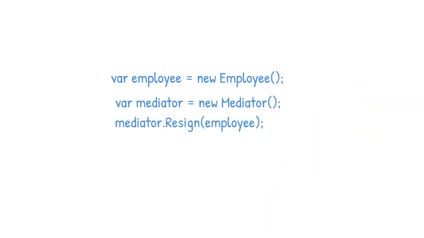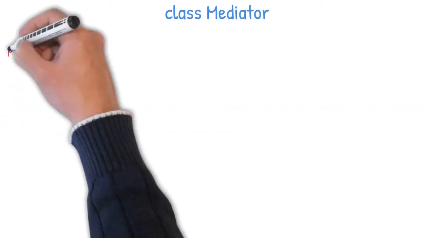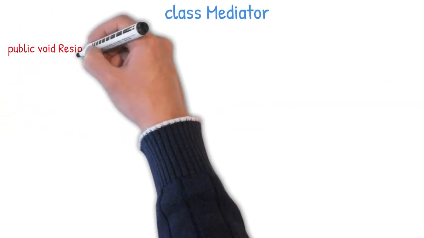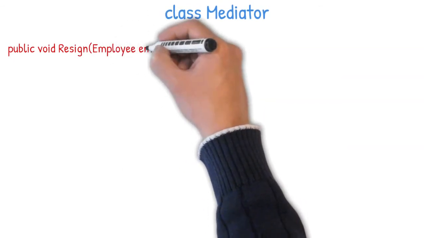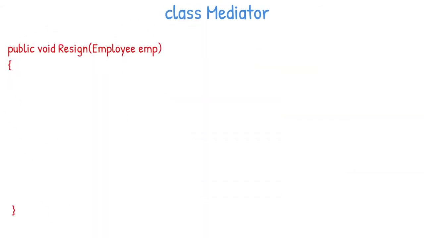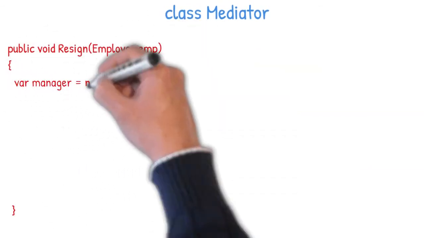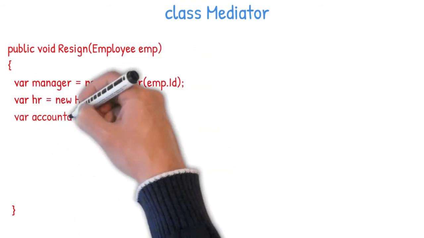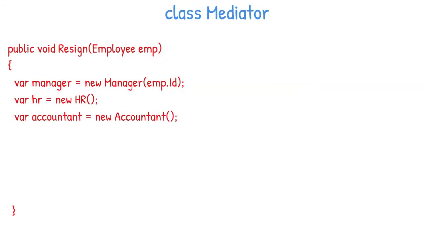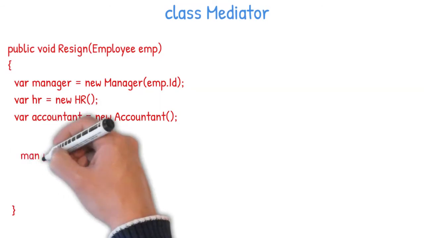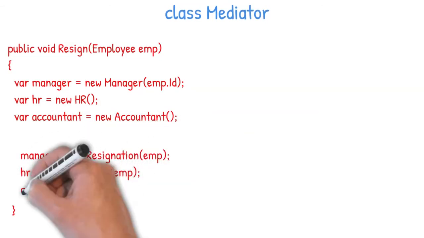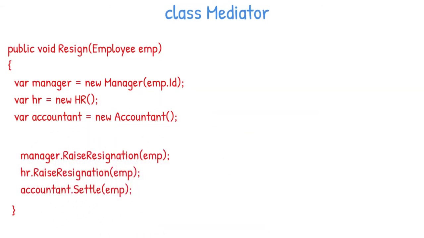And the mediator will now internally take care of communicating with HR, manager and accountant. So let's see how. The resign method of the mediator class will now create the instance of manager, HR and accountant, and then it will notify all of them to initiate their respective process.